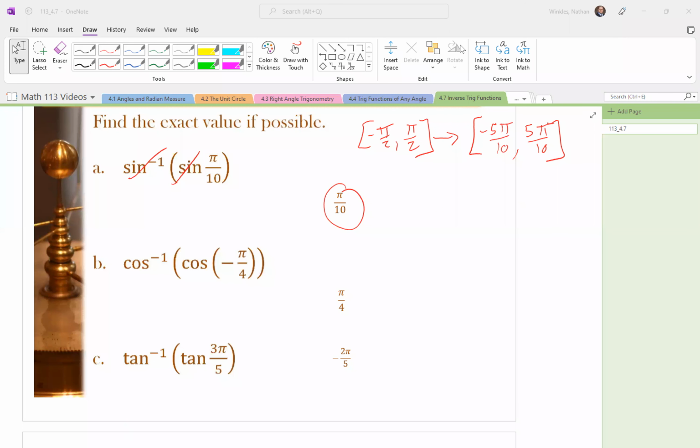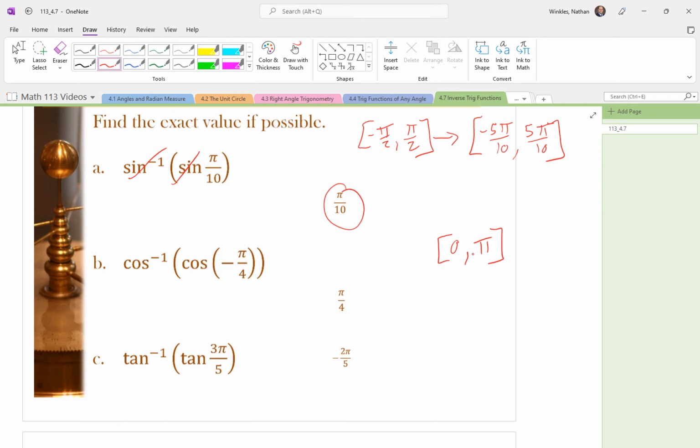So for the next one, cosine inverse of cosine of -π/4. Cosine inverse of cosine needs to be in the interval between 0 and pi. Well, -π/4 is not inside that interval.